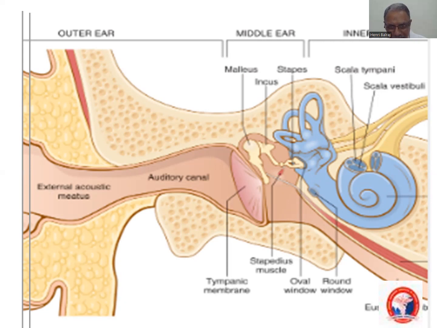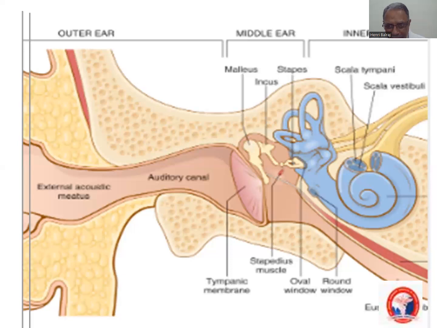movement of the foot plate of the stapes causes compression and rarefaction in the perilymph and endolymph in the internal ear, the cochlea. The scala tympani and scala vestibuli have the perilymph, and the scala media has the endolymph.